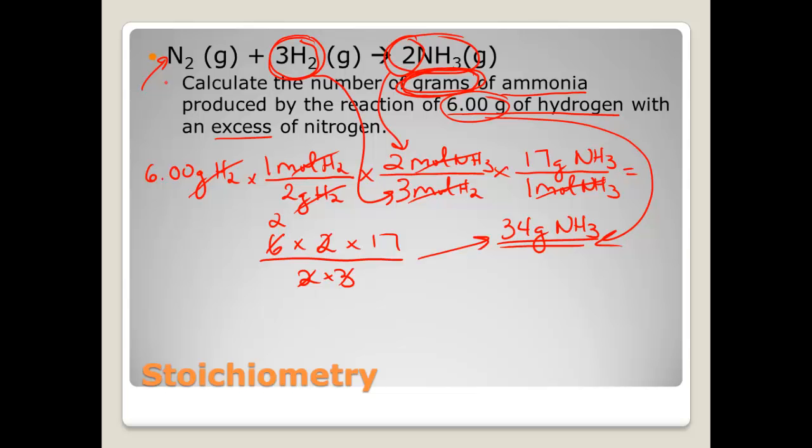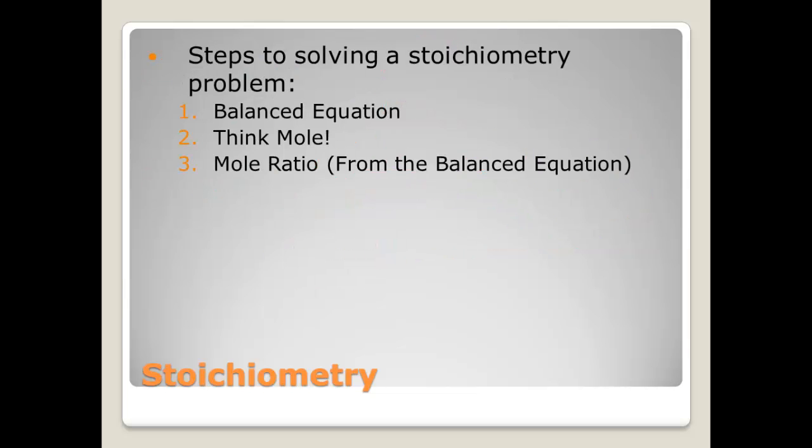So let's take a quick look at the steps to solving a stoichiometry problem. The number one thing you must have, and if you don't have this, you're wasting time, you're blowing hot air, is a balanced equation. Next thing you have to do, you must think in the unit of mole.